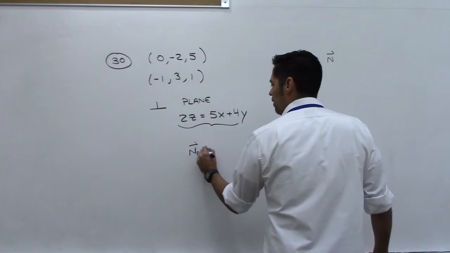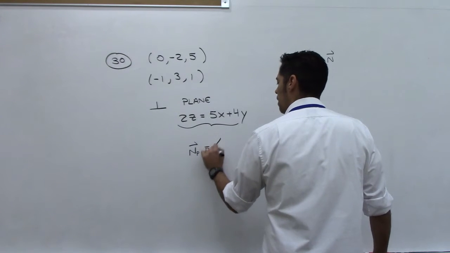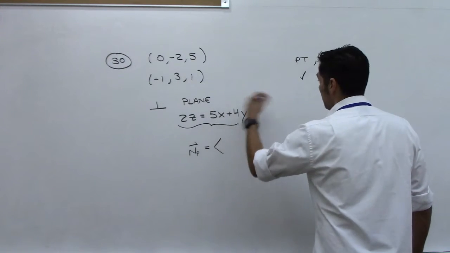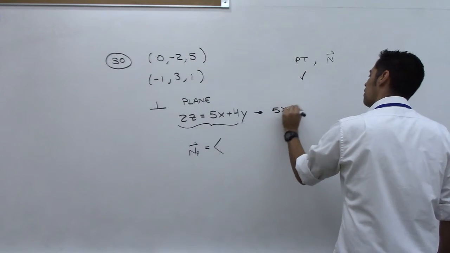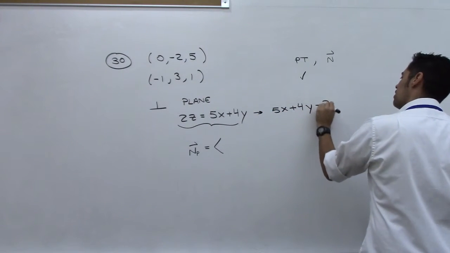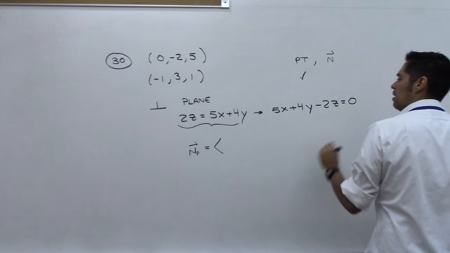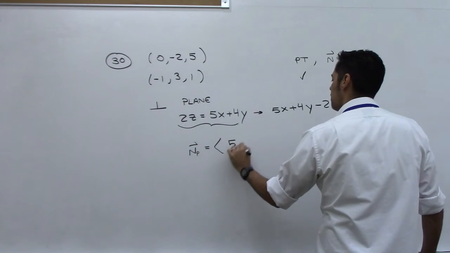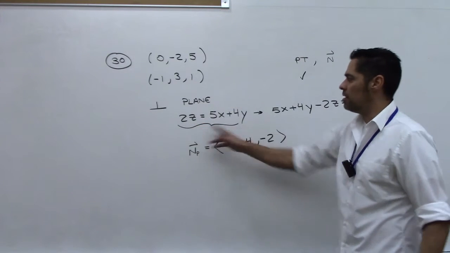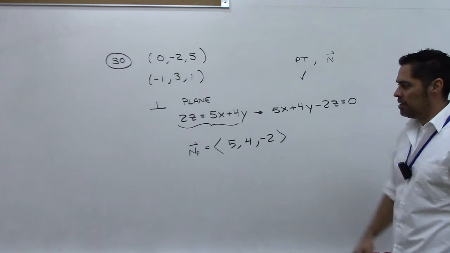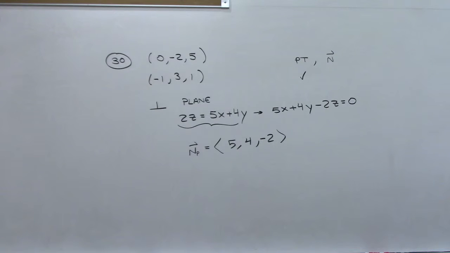Let's get everything to one side first. So 5x plus 4y minus 2z is 0. So the normal vector is 5, 4, negative 2. If you didn't move the 2z over, you wouldn't have got that it was negative. So there's the normal of the perpendicular plane.